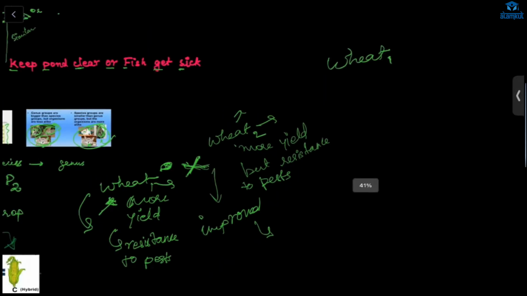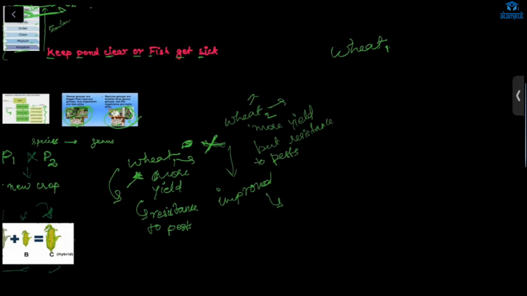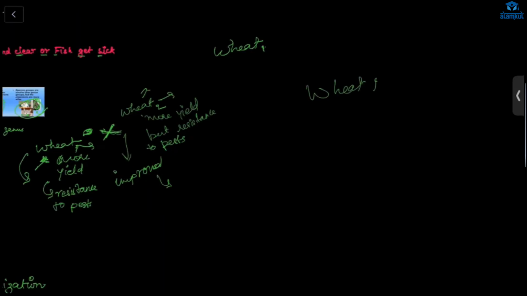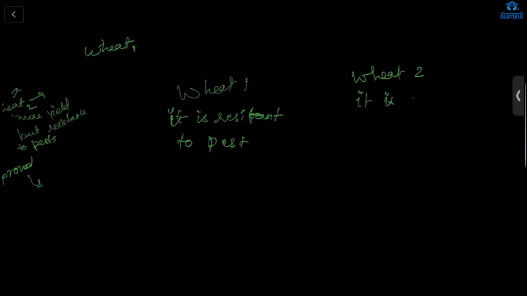In the previous example, wheat 1 and wheat 2, in olden days we took two wheats and did crossing. Suppose wheat 1 is resistant to pest, and wheat 2 gives more yield.